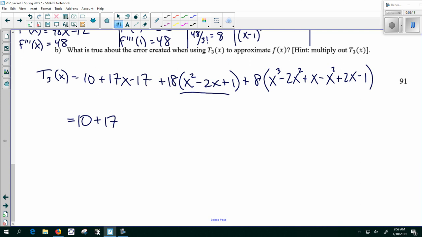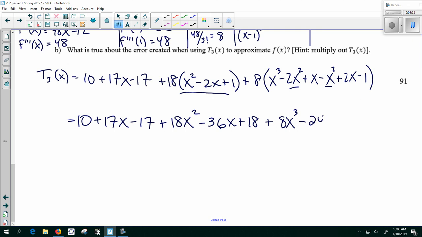10 plus 17x minus 17 plus 18x squared minus 36x plus 18 plus 8x cubed. I'm going to combine my minus 2x squared and my x squared here, so it's minus 3x squared times my 8 is minus 24x squared. And then I have an x and a 2x, so that's 3x multiplied by 8 is 24x.